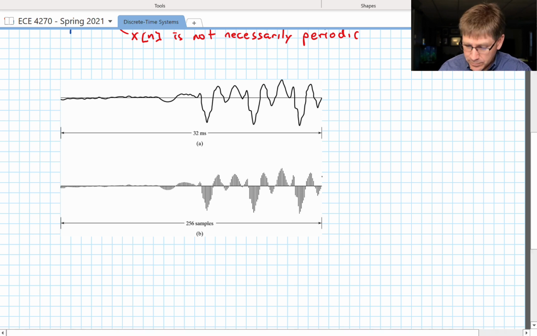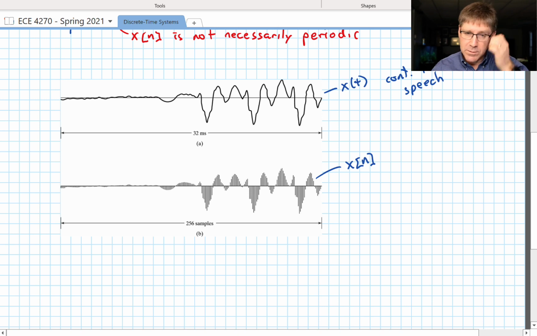And so we started with x of t, continuous time speech, and now we have x of n, and we're going to talk more about sampling later. But the first thing we're going to do is work out a new way to write this.